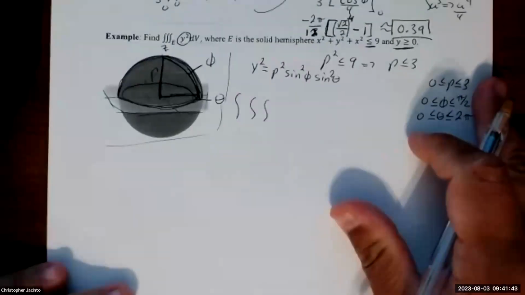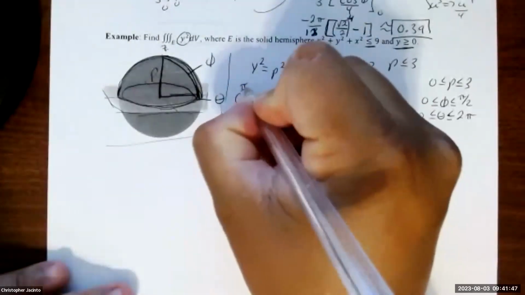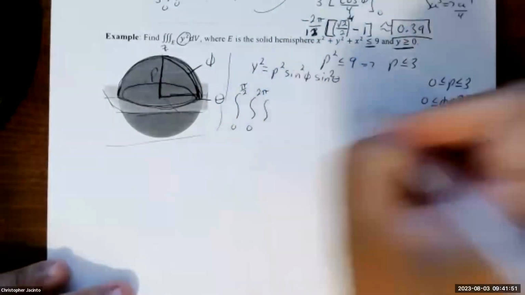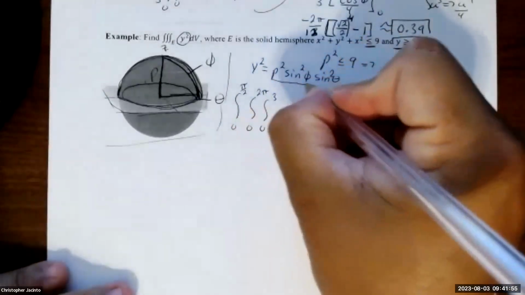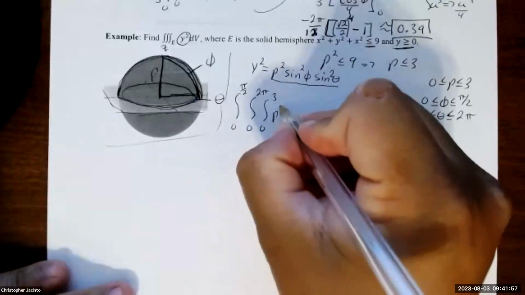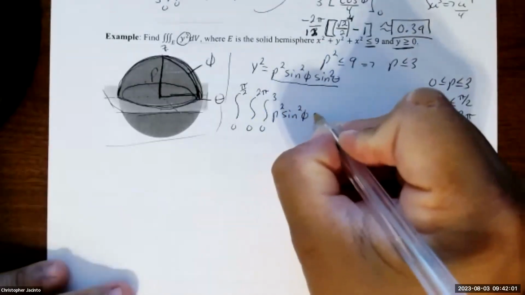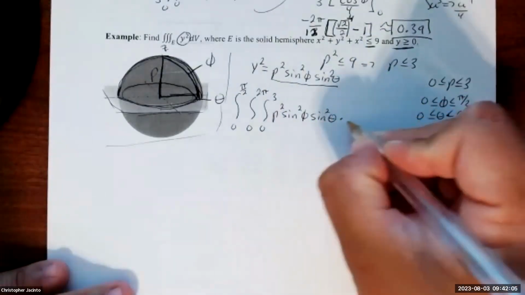Okay, so last one is going to be this one. So 0 to pi over 2, 0 to 2 pi, and then from 0 to 3 of all of this, times our conversion.